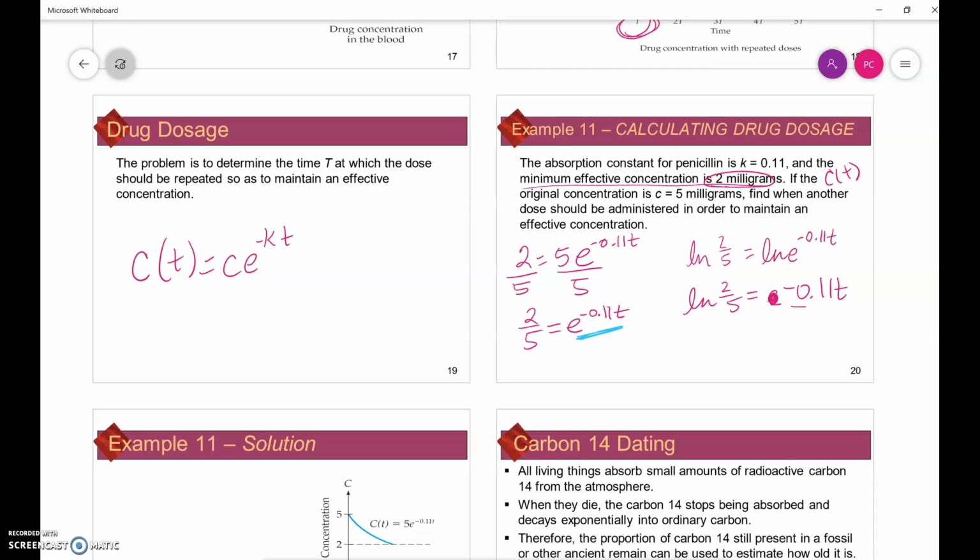And then to solve for t, we can divide by negative 0.11. When you're plugging this in your calculator, you want to make sure that you have ln of 2/5 in parentheses, closing your parenthesis after that 5, then divide, then negative 0.11. So plug this in your calculator just to make sure you get the same answer that I do.